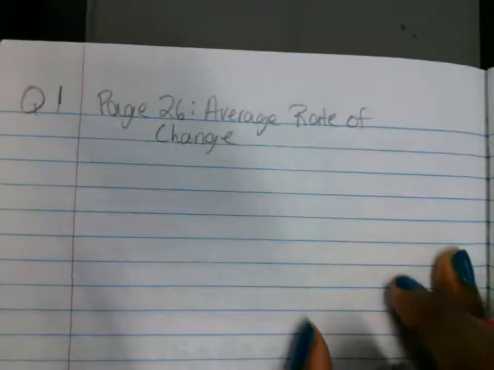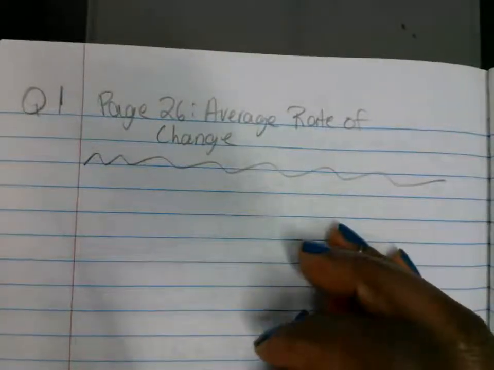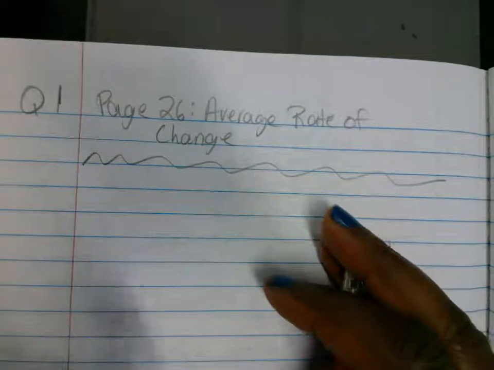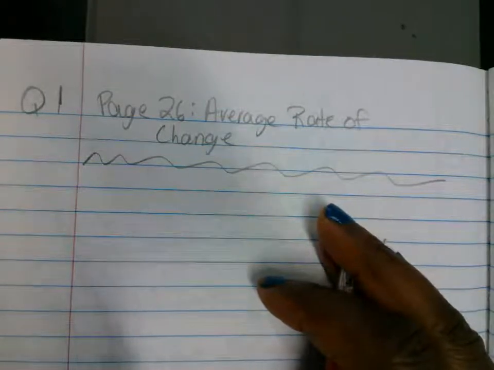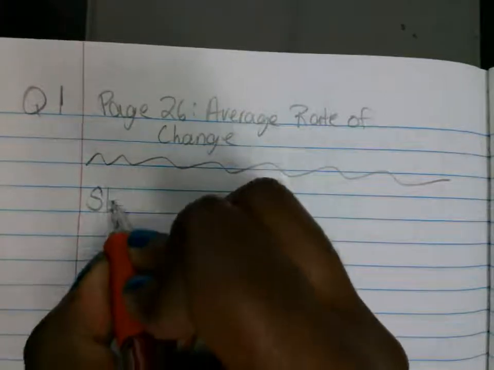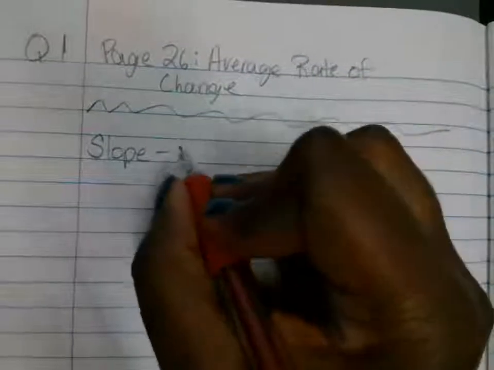Average rate of change. Guys, a couple things you need to know about average rate of change is this. Your average rate of change is like finding the slope of a line. They are synonyms. All right. So we're going to do slope first. The slope is the steepness of a line.